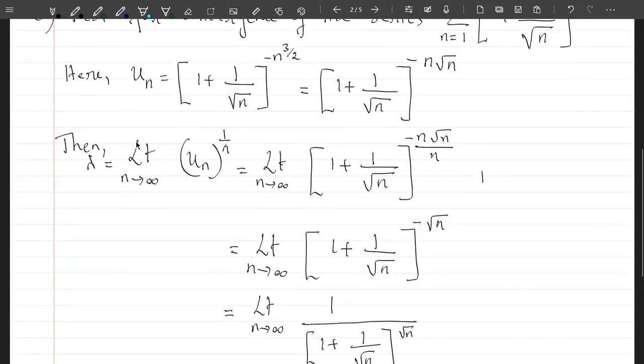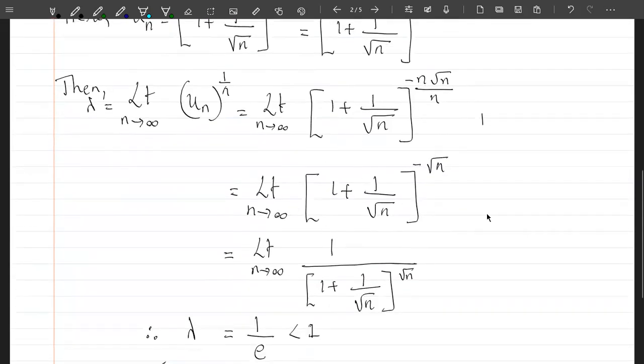So now let's calculate the value of this limit n tending to infinity un power 1 by n. That will be limit n tending to infinity, the same term with the power minus n root n by n. N and n will cancel. So you get minus root n here for the same term.